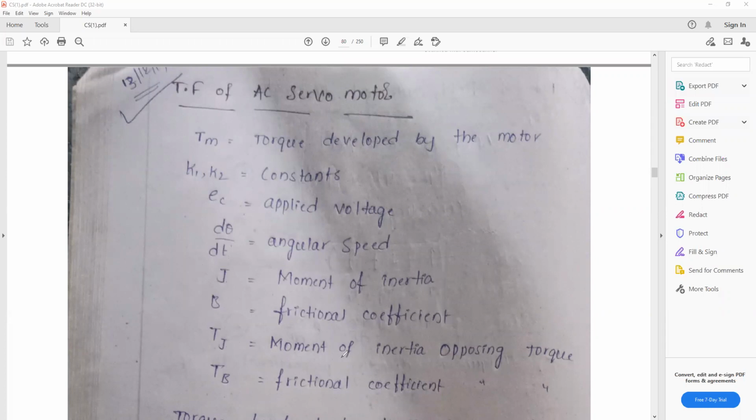Frictional coefficient opposing torque is Tb. And the torque developed by the motor is given by the equation K1 into Ec minus K2 into d theta by dt.